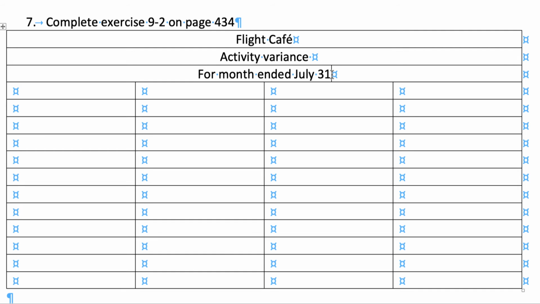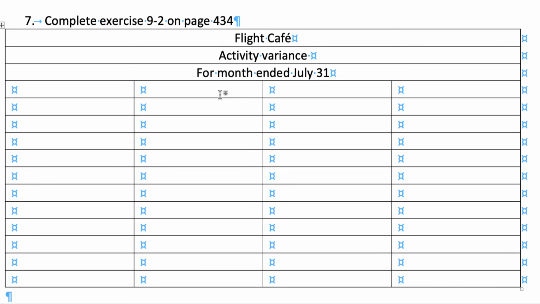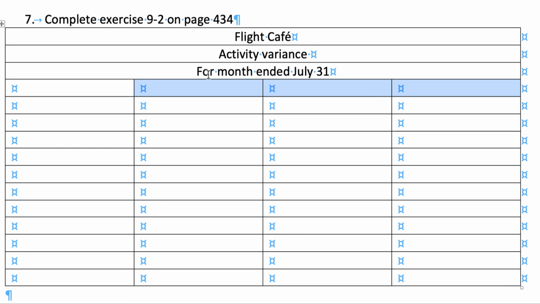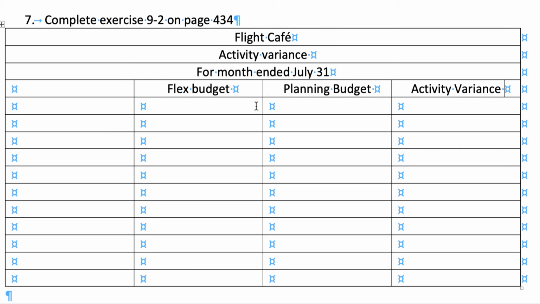Okay. So the first thing we need to recognize is that we're creating activity variance, right? So what does that mean? Well, that means we need to pull together the flex budget and the planning budget. The difference between those two gives us our activity variance. Okay, pretty simple, pretty easy.